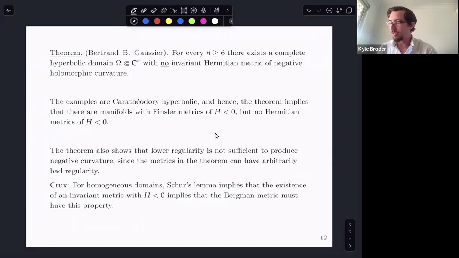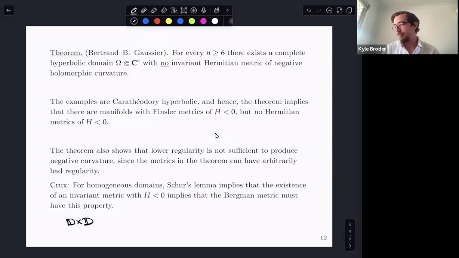So for instance, on the bidisk, I would have a product metric with scalings of the Poincaré metric on each factor. Now, since negative holomorphic curvature is a convex condition, if I have a Hermitian metric with negative holomorphic curvature, that will force this to also be true for the Bergman metric, or the Poincaré metrics in this case.